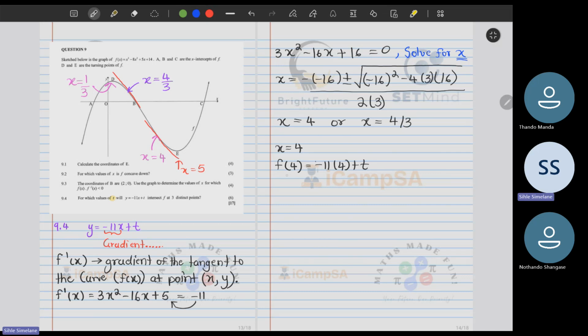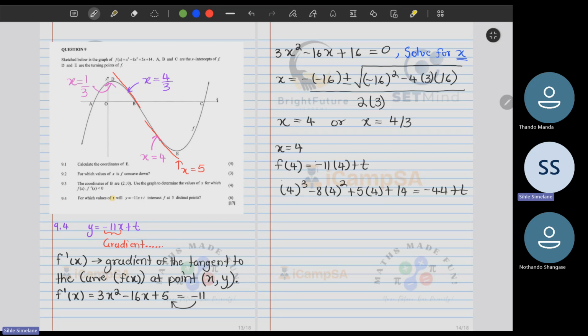So if you look at f of 4, remember f of x is x cubed, so it's this minus 8 into 4 squared plus 5 into 4, and then plus, I think it was 14, yeah. Then this becomes negative 44 plus t.